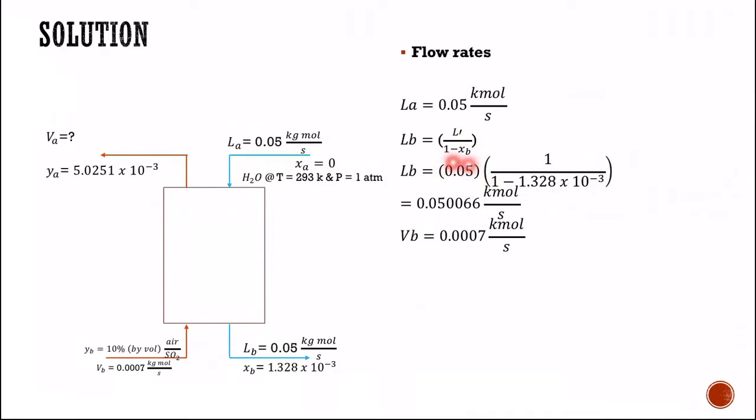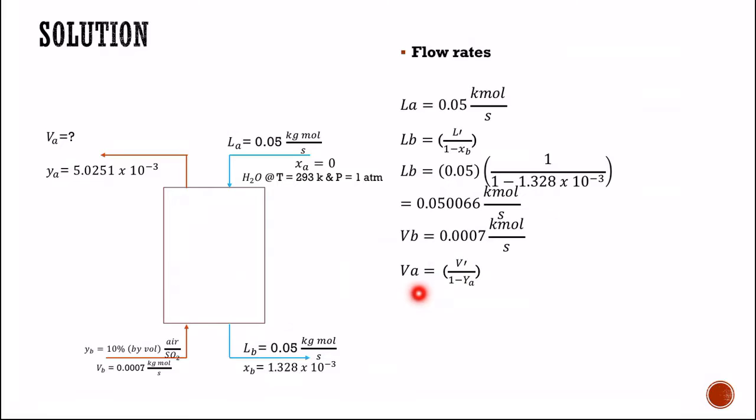L prime, we calculated earlier, which is 0.05, times the quantity 1 over 1 minus 1.328 times 10 to the negative 3, we get 0.050066 kilomole per second. For gas feed rate, we have 0.0007 kmol per second.